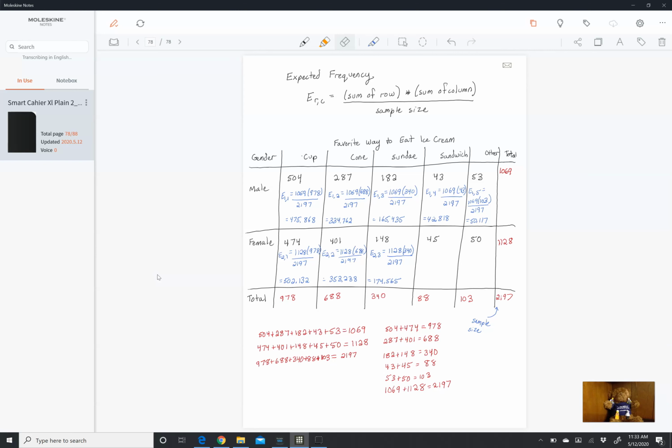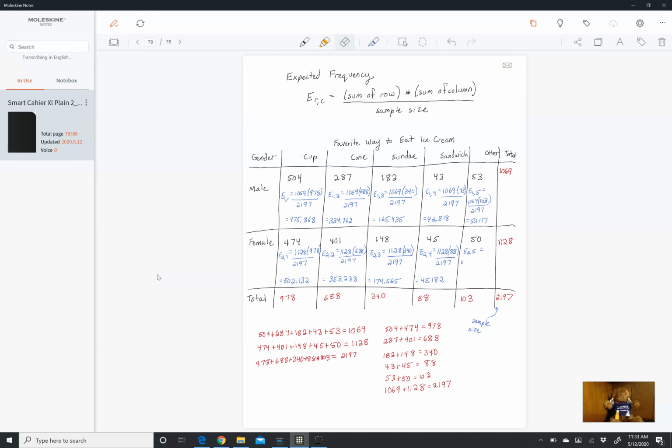This is row 2, column 4, 1,128 again, times 88 over 2197. This gives us 45.182. And this one is row 2, column 5.